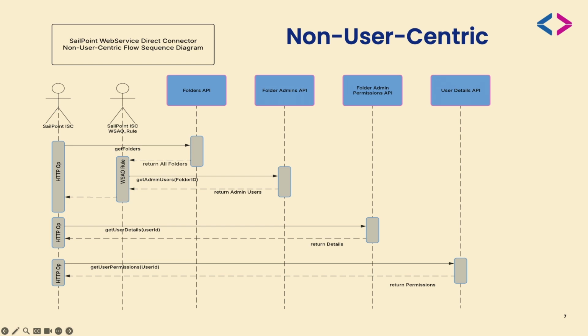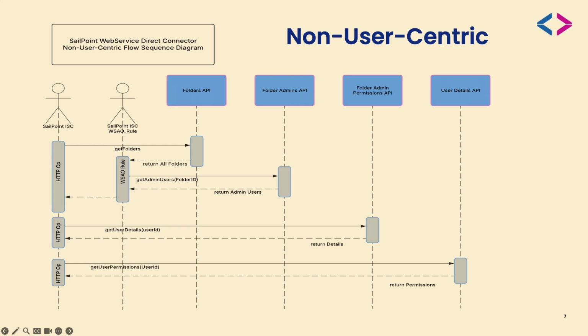And in that rule, I actually go out and I make the call for each folder that was returned and get the admins. Once I get the admin data for each folder, I process it and add the users from that admin list to another map that gets returned back to the system as part of that initial call.